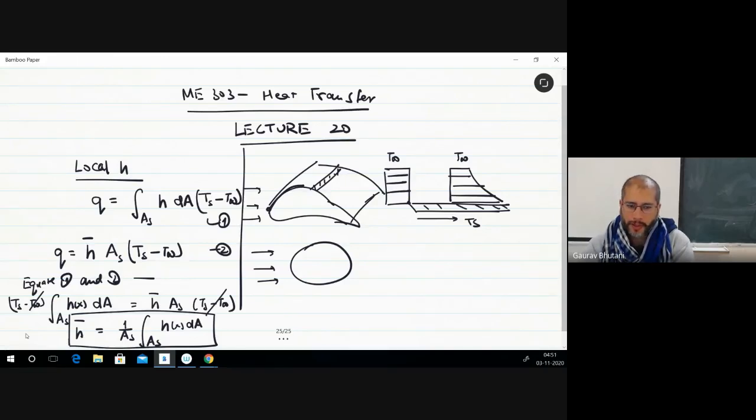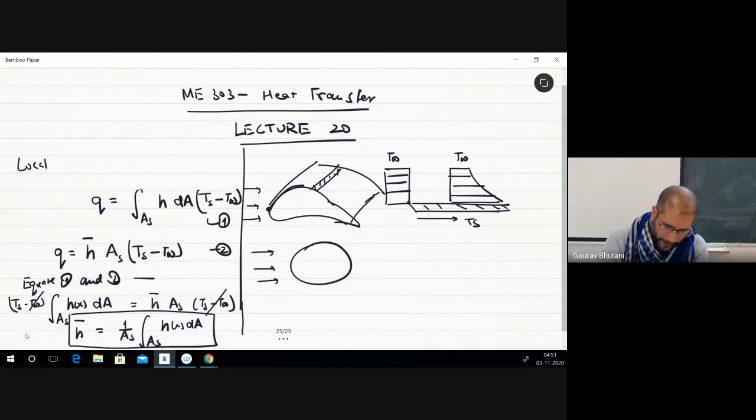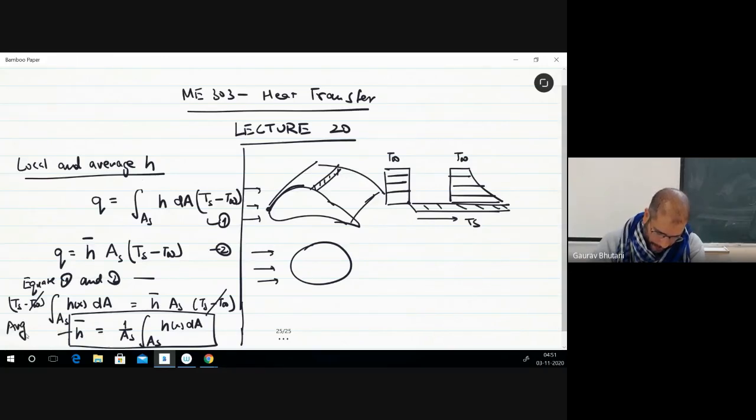So you find it using this definition of h bar. Okay, so this h bar is called the average heat transfer coefficient. Is that clear?